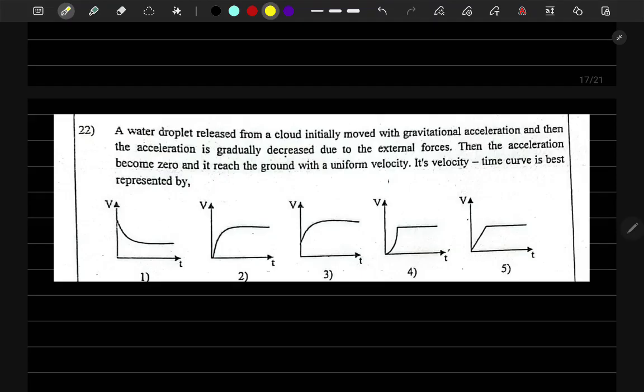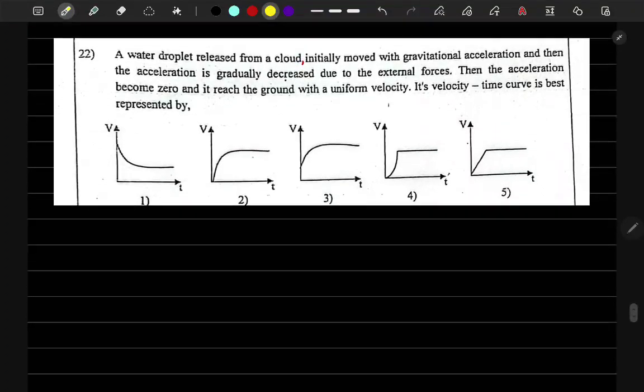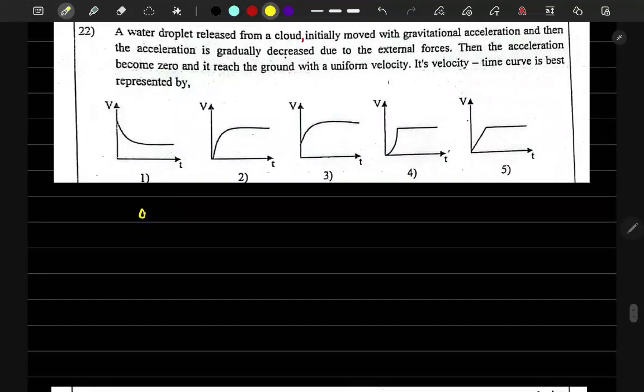So the thing is, they have kind of misprinted the question, I think. There should be a comma here because they are not giving us the details of the cloud, they are giving us the details of the water droplet here. Right. So, a water droplet released under gravity.